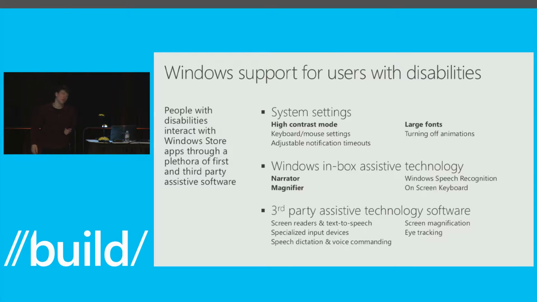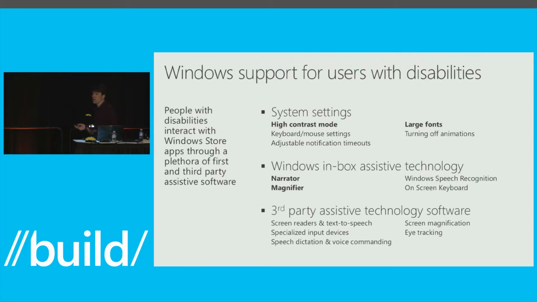At the next level, we have what we call assistive technologies, and you may hear me refer to assistive technologies for the rest of the talk as ATs. And these are actually programs that run on the system that allow a user to interact with the system through another program. And we have a number of assistive technologies that come with Windows automatically, including Narrator and Magnifier, Narrator being the one I've worked on a lot and being now available on Windows Phone as well.